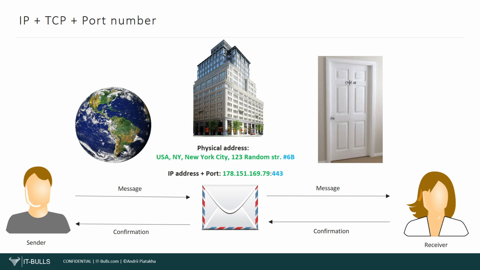Now let's understand what TCP is. TCP in this example is a mailing service that delivers your message to the destination, ensures that the message has been delivered, and confirms the delivery. Is it clear? TCP establishes a connection between the sender and receiver.